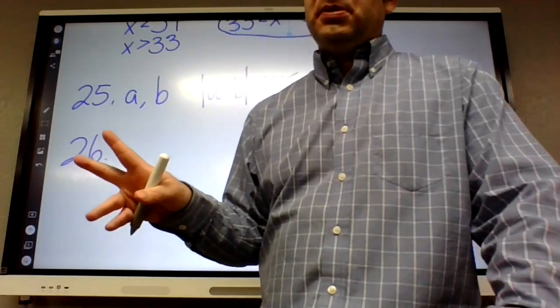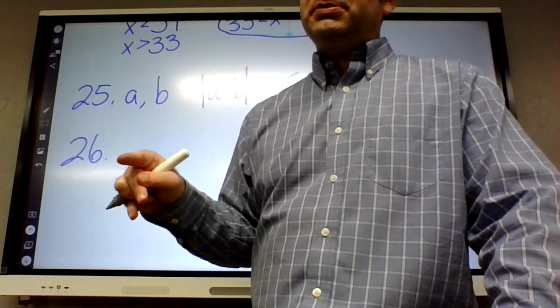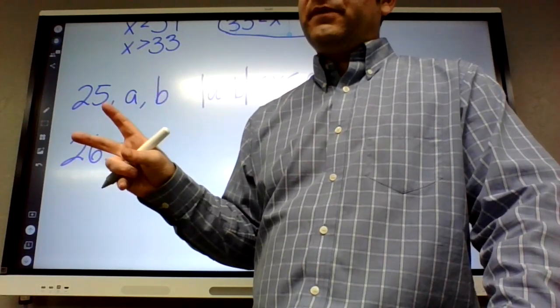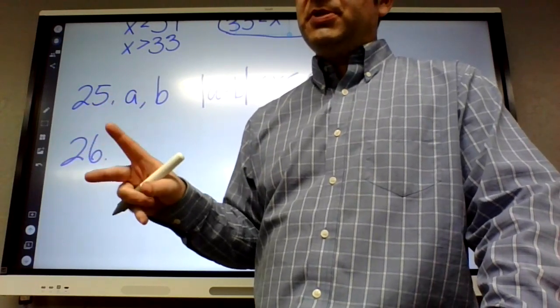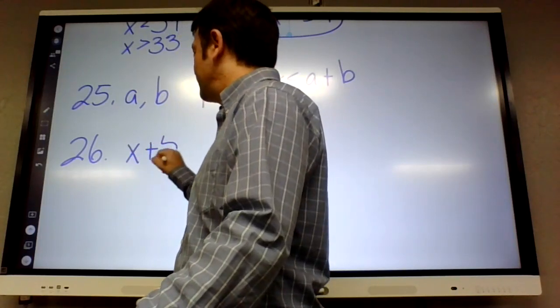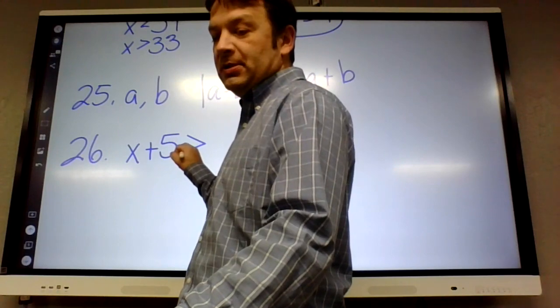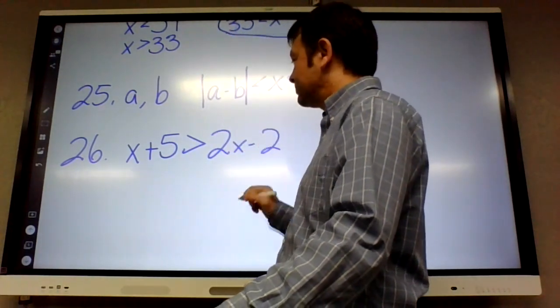EF has to be bigger than BC. So in other words, X plus 5 is greater than 2x minus 2.